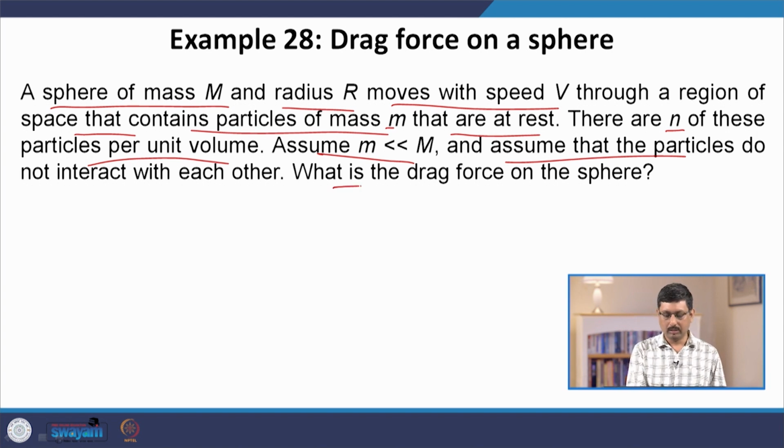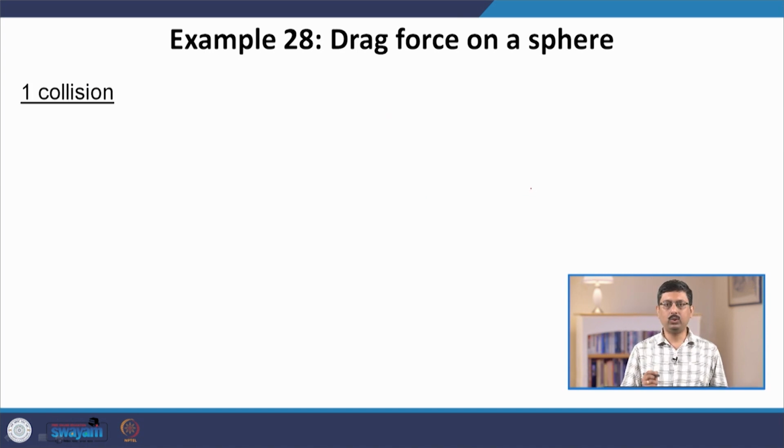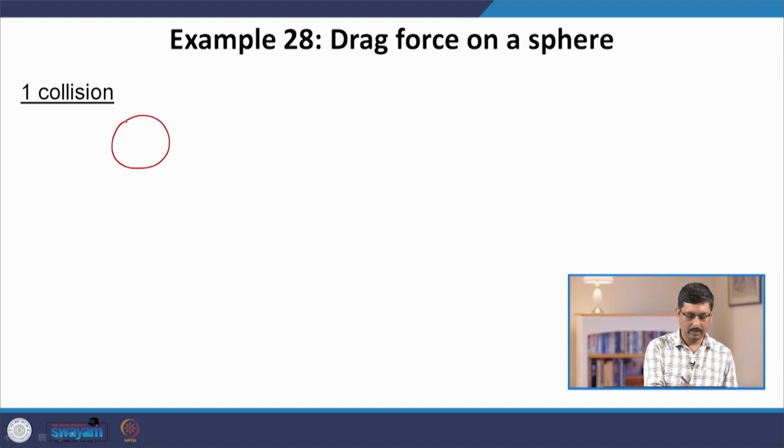Then the problem is to derive an expression for the drag force. We are going to divide this into two steps. Our physical idea is the following. Imagine this is a sphere of radius r, immersed in this fluid, and this is a fluid particle.